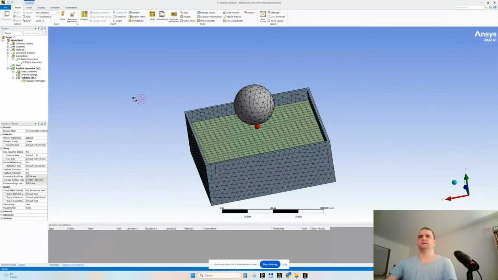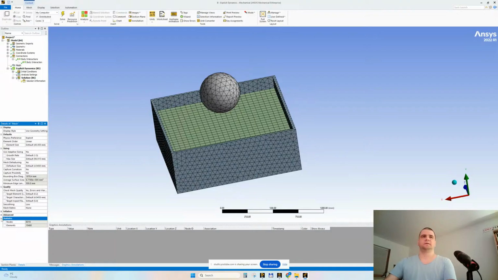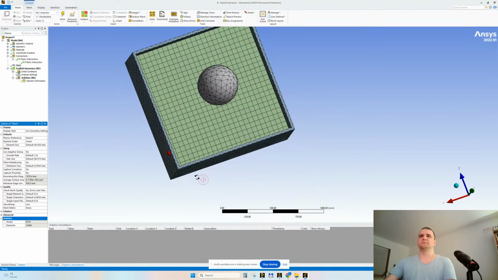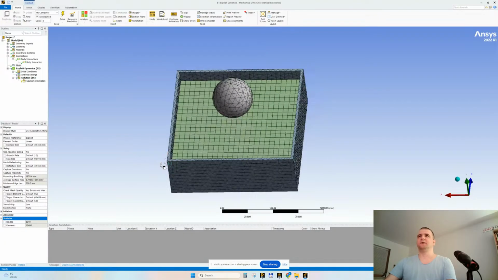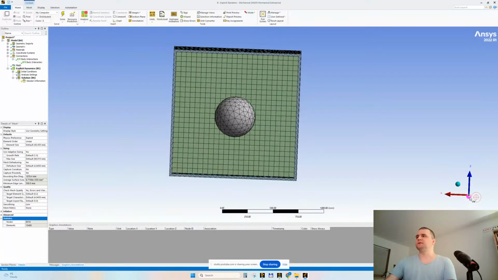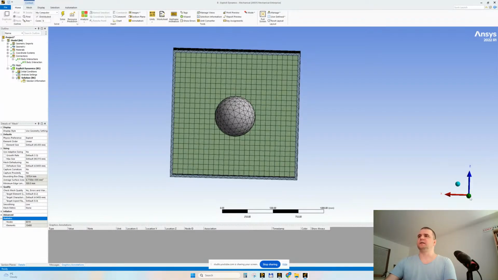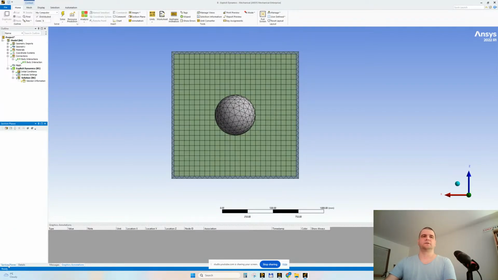So this is the mesh. Sincerely, for my taste at this moment it is kind of too fine for me. Let's make a section. I'm clicking on the arrow, section planes, new section plane, and the middle is something like here.